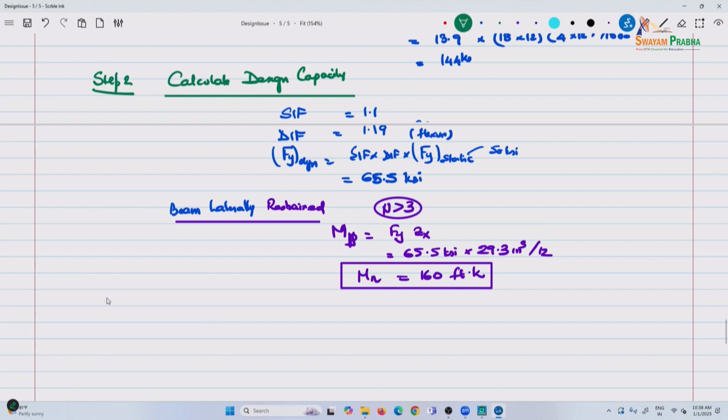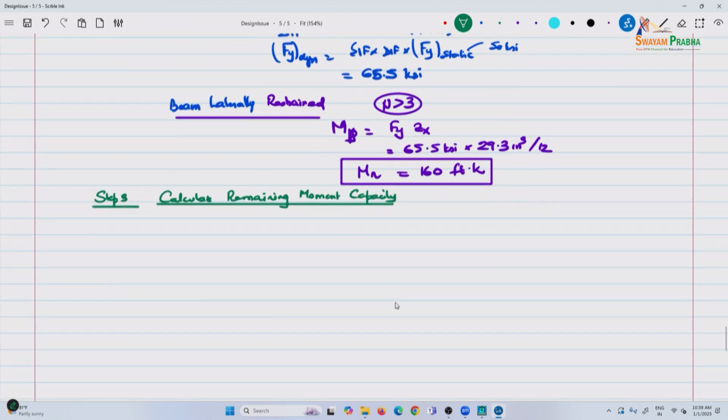Then third step is we calculate now the remaining moment capacity. This is what you had not done yesterday, but you can see, you can add that in the problems.